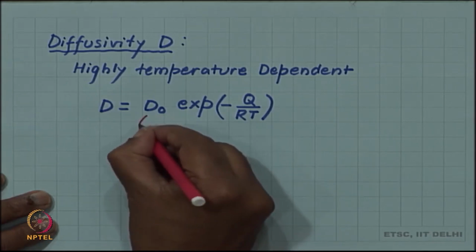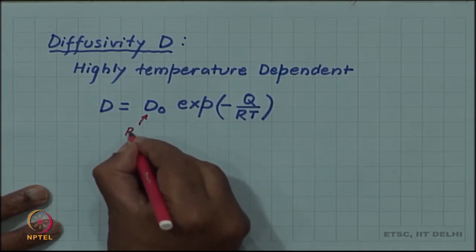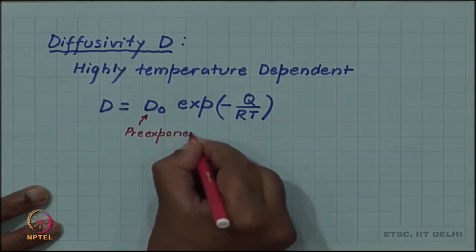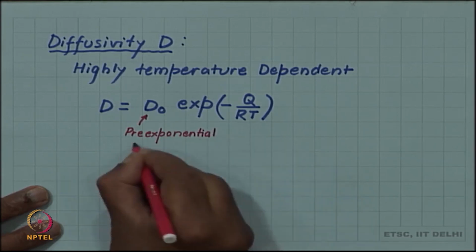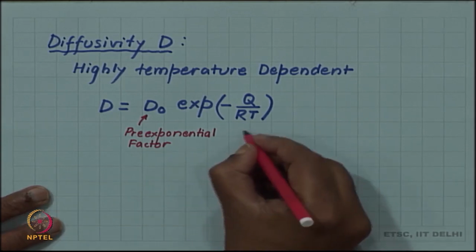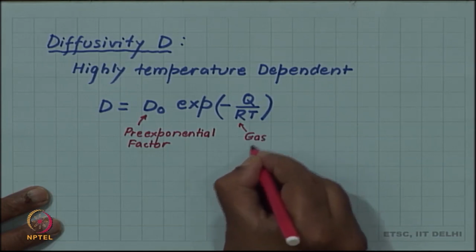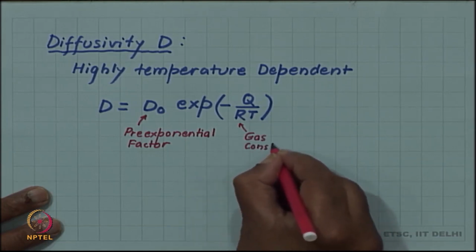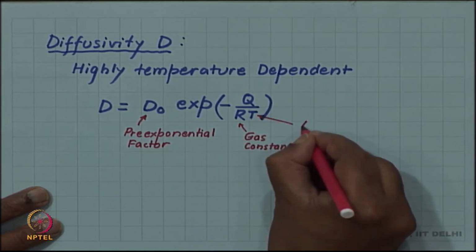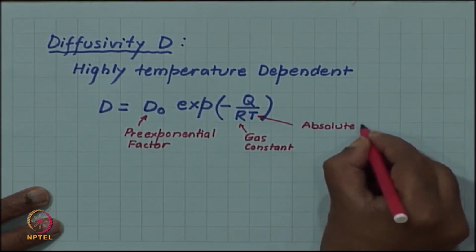Since D naught is a constant which comes before the exponential, it is known as the pre-exponential factor. R is the well known gas constant, and T, like in all thermodynamic equations, is absolute temperature.